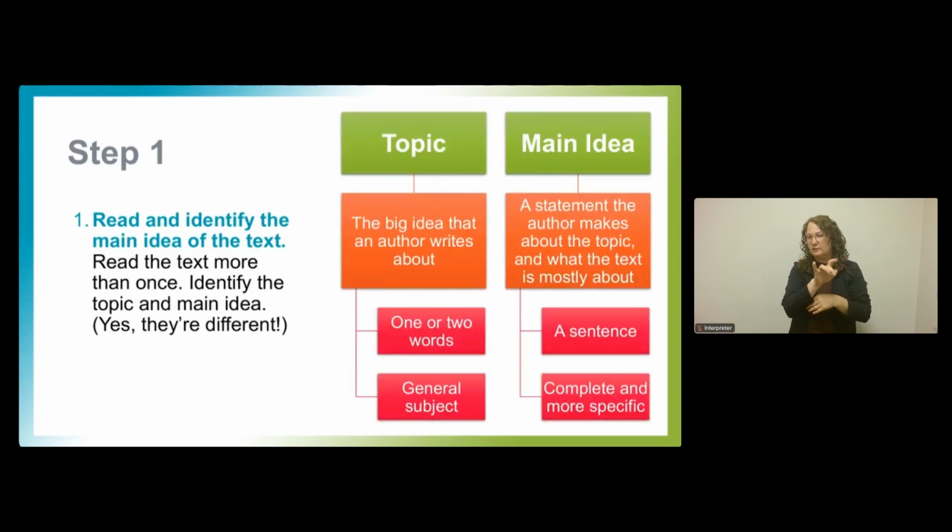The main idea, however, is different. The main idea is a statement the author makes about the topic and what the text is mostly about. And this is often stated in a complete sentence. It's more complete and more specific.